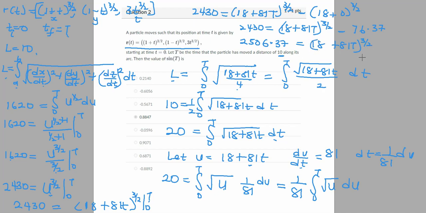Now to solve this, we need to remove this 3 over 2. How will you do that? Since this is raised to power 3 over 2, raise both sides to the power of 2 over 3 to cancel this 3 over 2, because if you multiply 3 over 2 by 2 over 3, this will turn to 1.